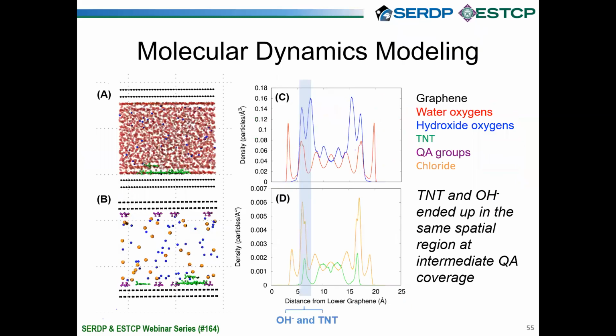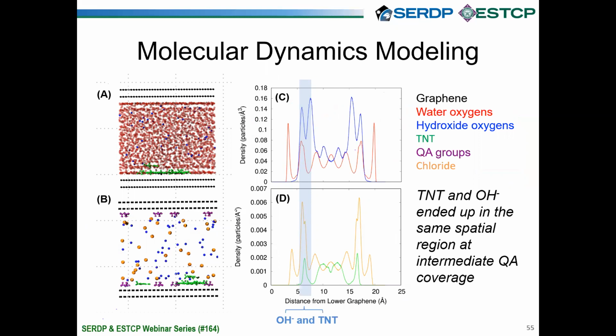We then performed non-reactive molecular dynamics simulation to understand the mechanism. So here, we used 4 layers of graphene, which are shown in the black dots here, to represent a simple pore geometry of PCM. The distance between graphene layers was kept at 4 nanometers.